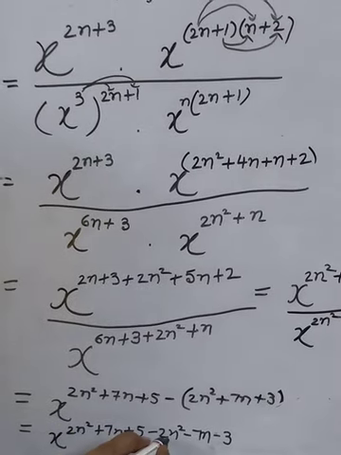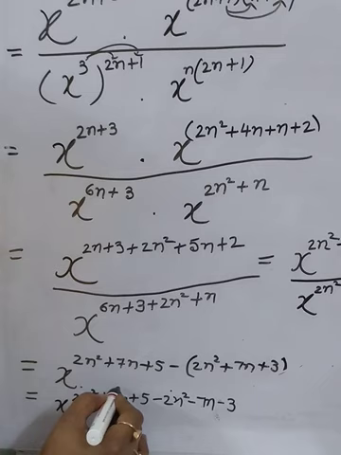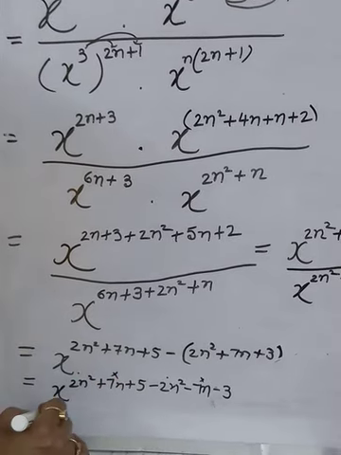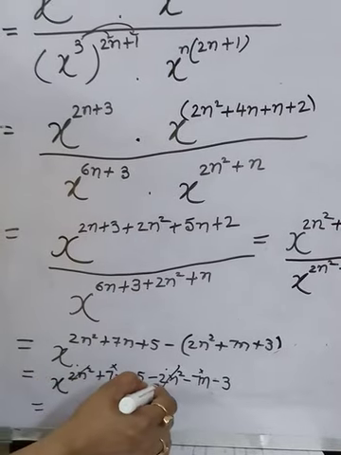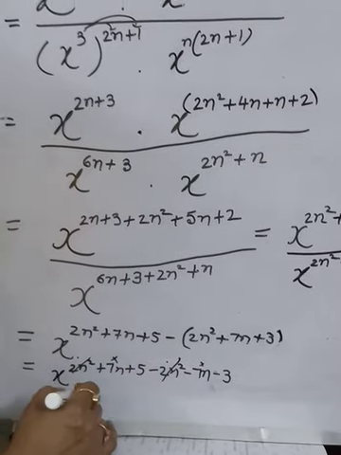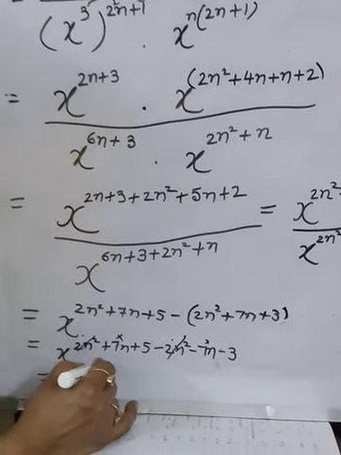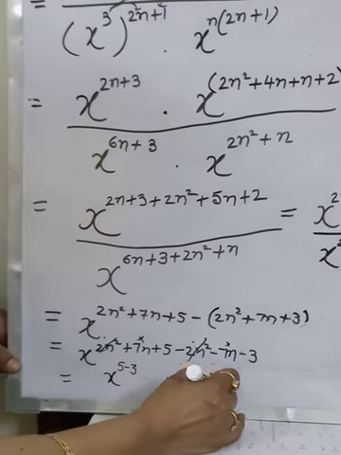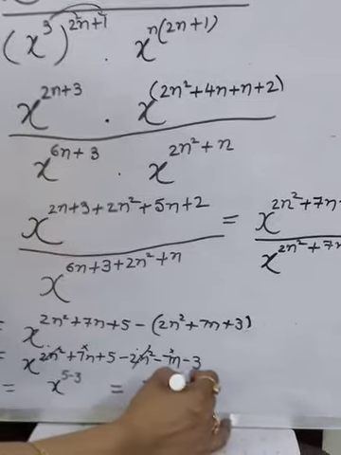So 2n square gets cancelled, 7n and 7n get cancelled, so we are left with x to the power 5 minus 3. x to the power 5 minus 3 is x to the power 2. So x square is the answer.